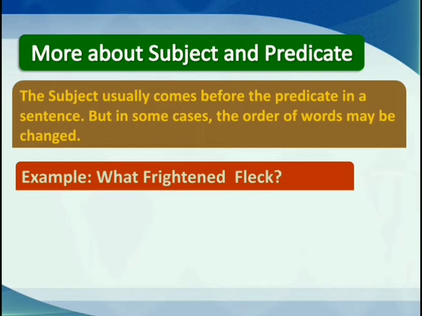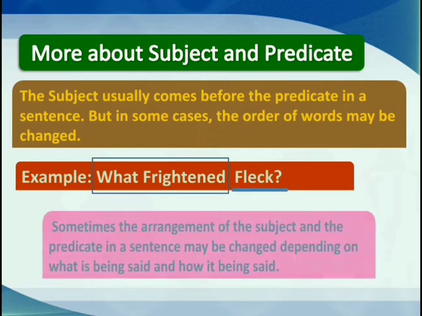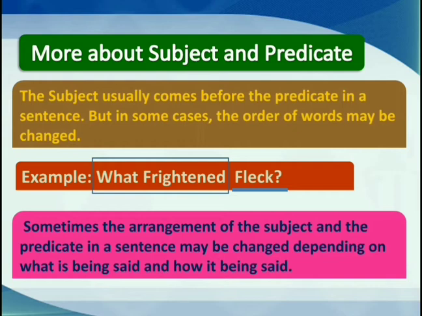What frightened Flag? Now over here, students, when you look at this sentence, yes, this is an interrogative type of sentence, but I have asked you to identify the subject and predicate. When you look at what frightened Flag, who was frightened? Flag.